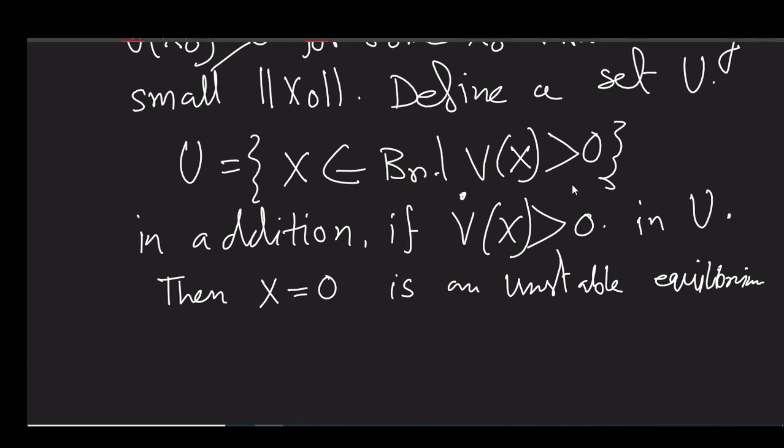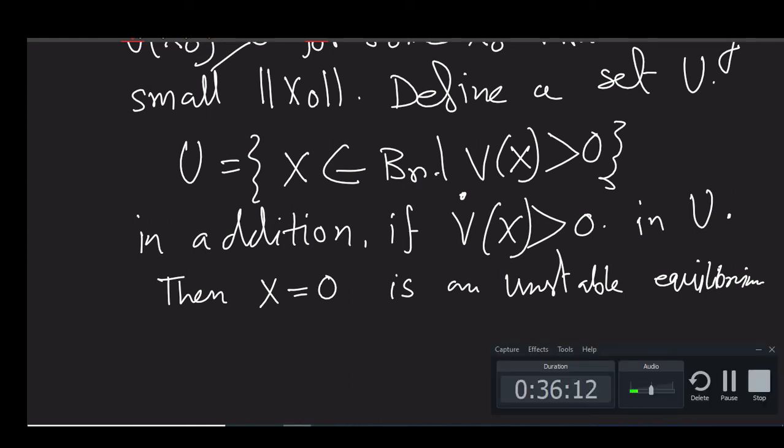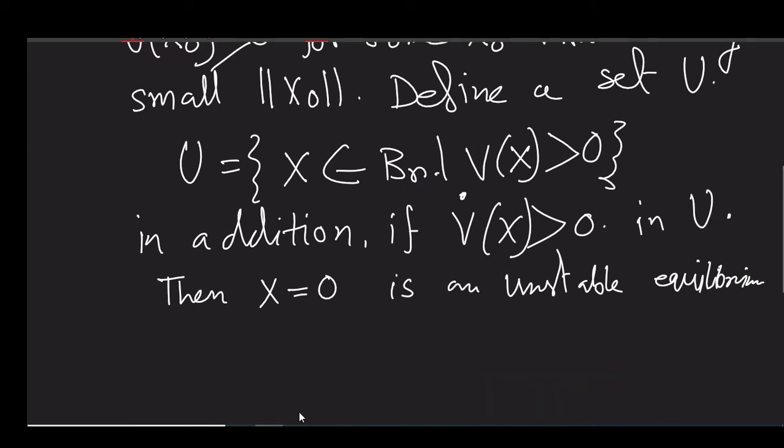Intuitively we can also understand this, because in U your V(x) is greater than 0, meaning V(x) is some positive number. This Lyapunov theory is actually basic, and just an application of common sense is sufficient. Lyapunov has formulated it in such a way that if V(x) is greater than 0 and V dot x is greater than 0, then you have a positive number and its rate of change is positive, so gradually it will increase.